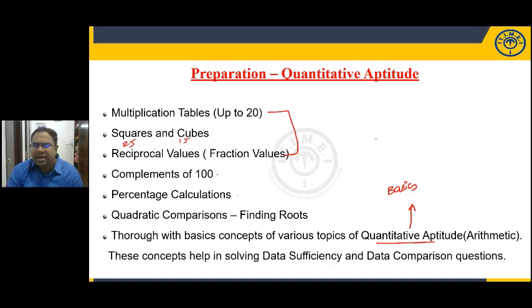To some extent you can get it in a prelim exam, but main exam strictly no. You will get more concept oriented questions. So your basic fundamentals should be very clear to try and solve those questions. Even learning these basic concepts will help you solve questions on data sufficiency and data comparison.